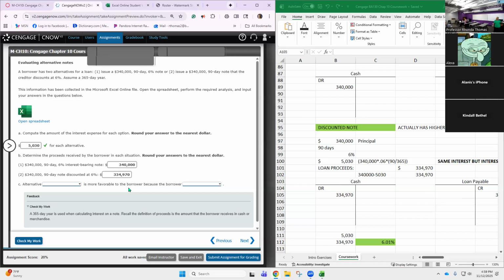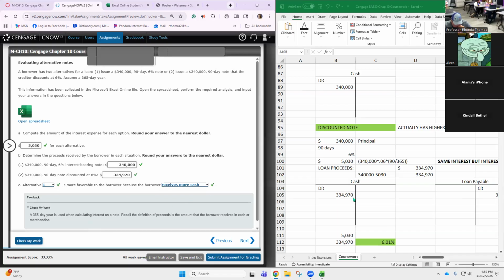So the interest-bearing, or non-discounted note, is more favorable for the borrower, because the borrower receives more cash.